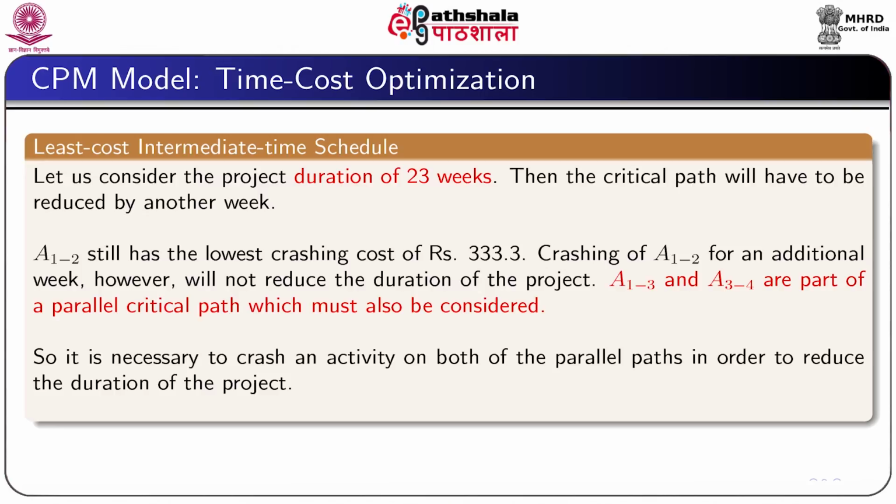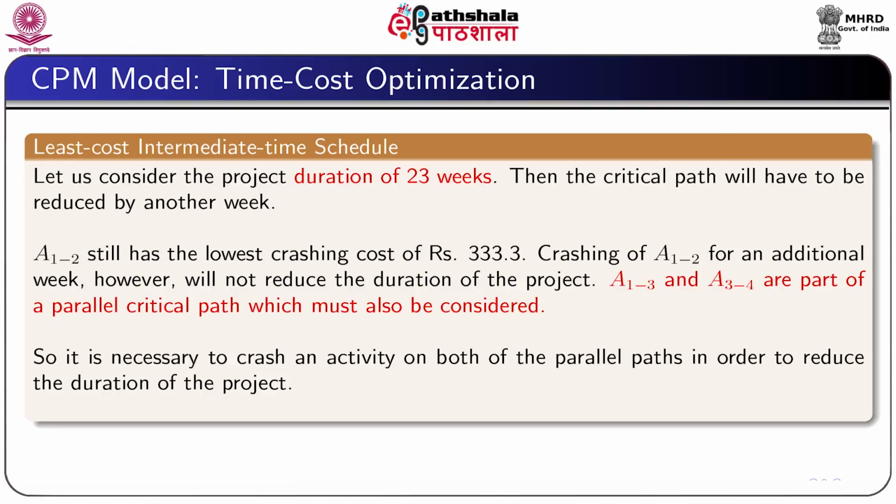Let us now consider the project duration of 23 weeks. That means, we want to reduce the duration of the project by 1 week. Since A12 is giving the lowest crashing cost of rupees 333.3, we will reduce the activity time of activity 1 2 by an additional week.